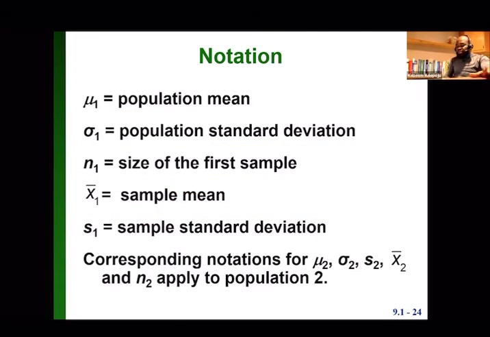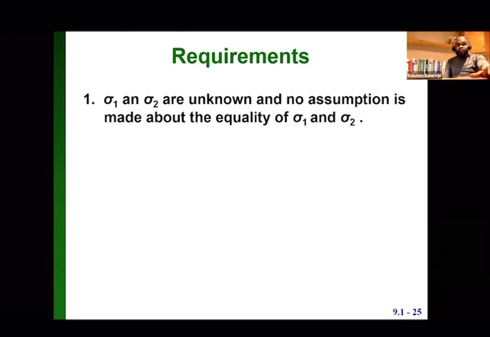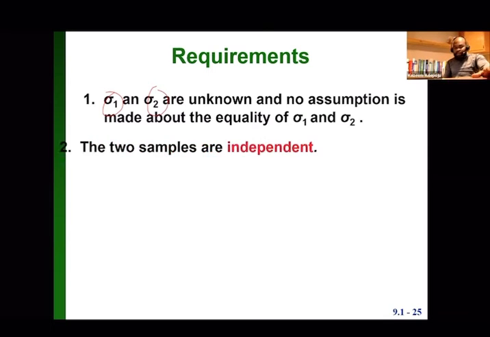We're going to do the same thing for the second population. Take a look at that. And what are the requirements that we're talking about? The requirement is that the two population standard deviations, symbolically represented as sigma 1 and sigma 2, are unknown, and no assumption is made about the equality of them.